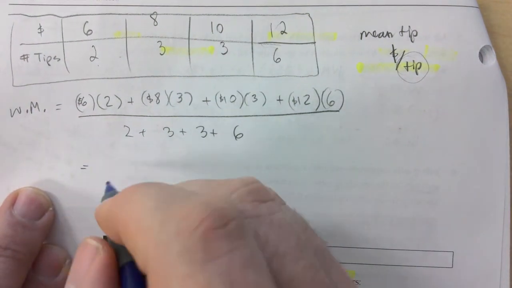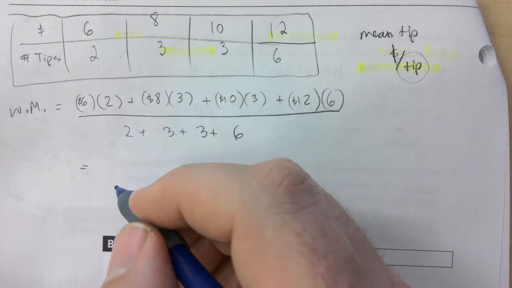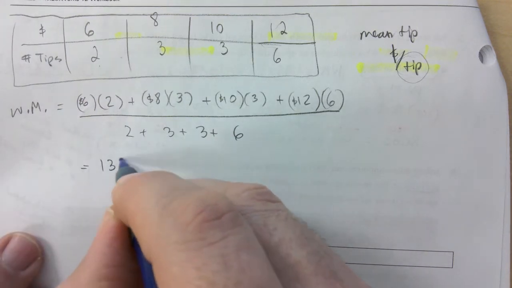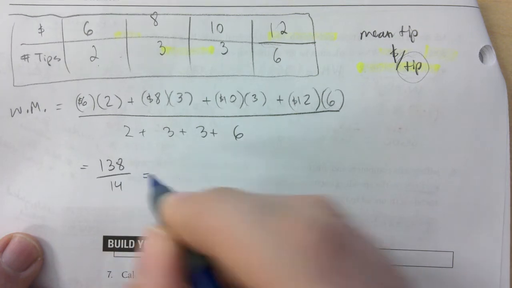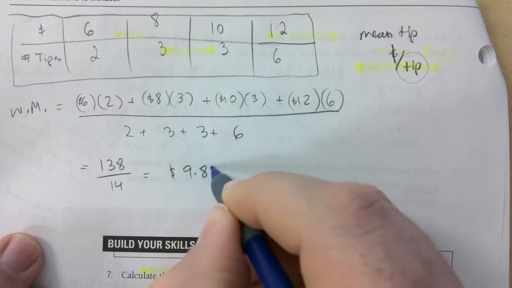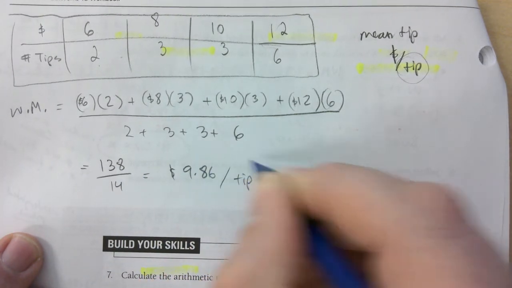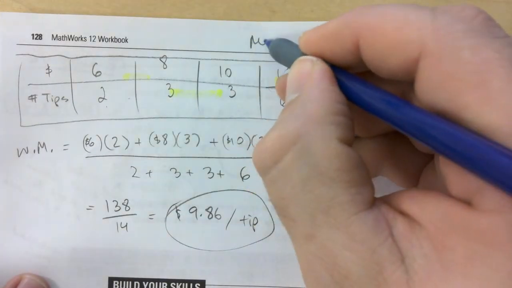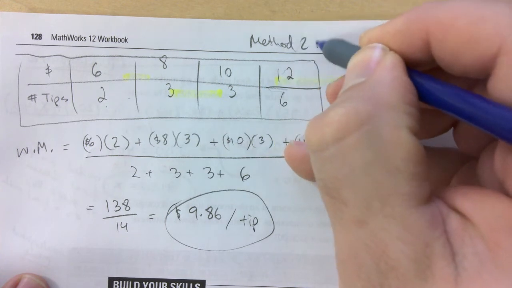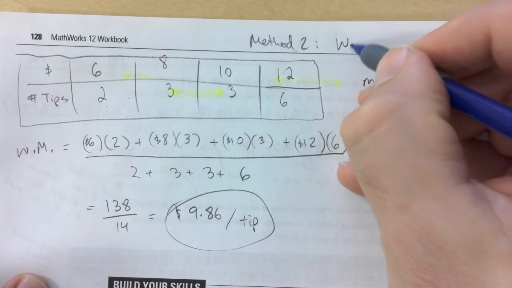So you're going to get the same answer as before. You're going to get 138 in the numerator and 14 in the denominator, and that's still 9.86 per tip. I forgot to write at the top method 2, weighted mean.